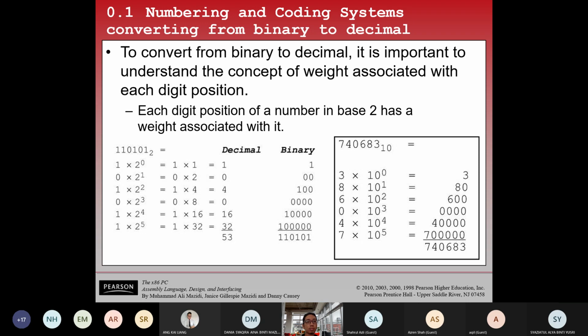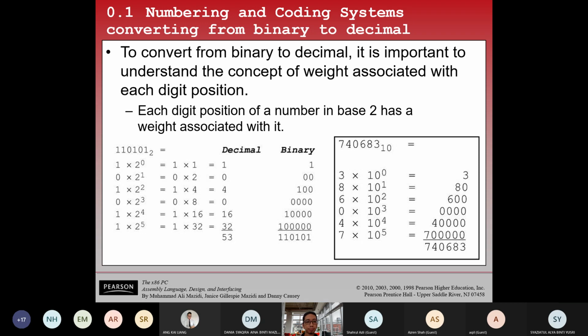And 2 to 5 is 32, 32 times 1, it is 32. So you sum up all of that, and you get 53. So your base 10 is 53.